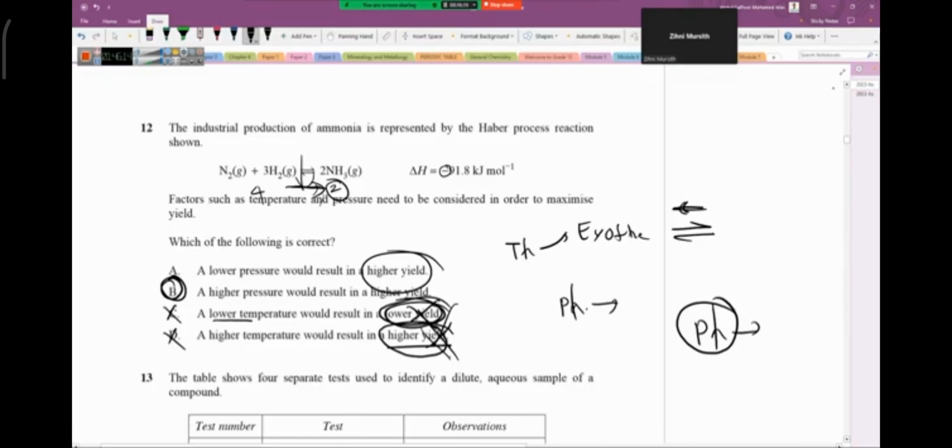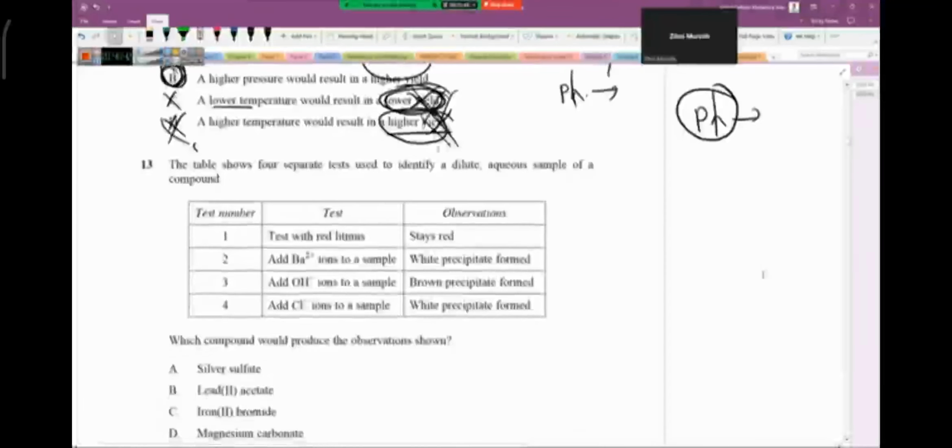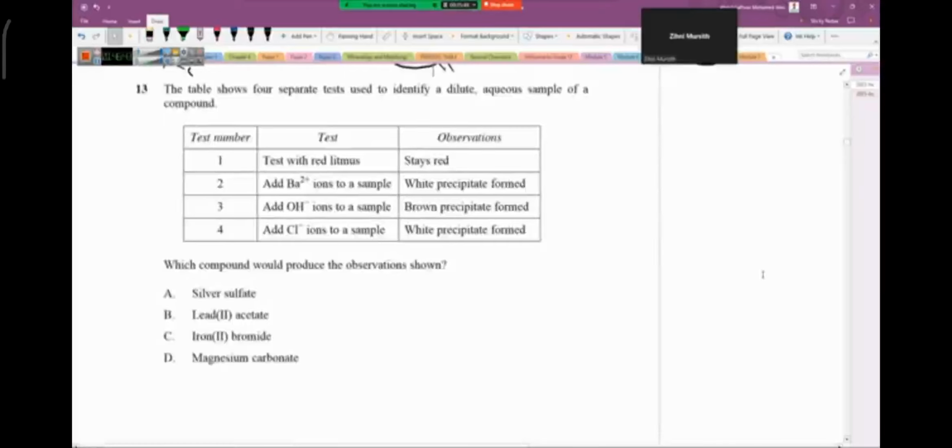If you lower the temperature, it will move in this direction, so we will have lower yield, right? These are reactants and this part is the yield. So the answer is B, not D, okay? Since this is exothermic, if you increase the temperature, the yield is lower. So this is wrong, okay? Right. Now, the 13th one. Can you just try it?